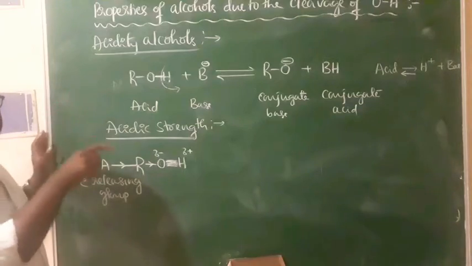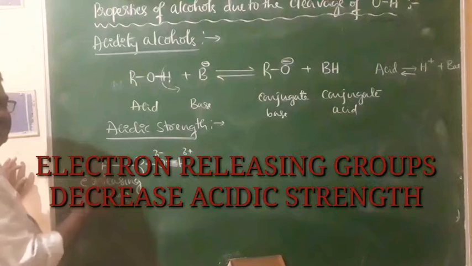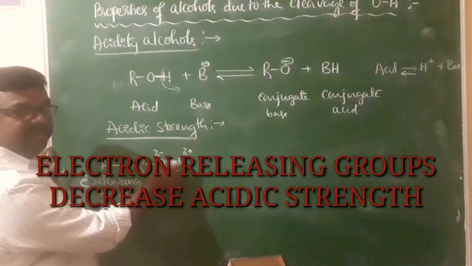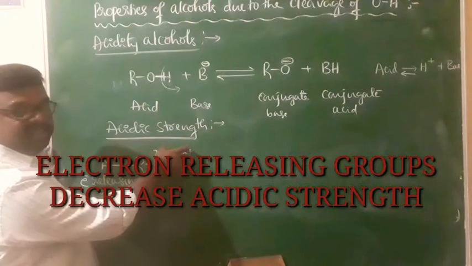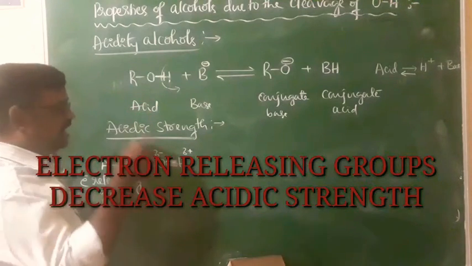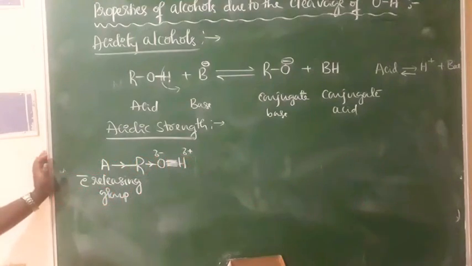Therefore, acidic strength decreases. In presence of electron releasing groups, polarity of the OH bond decreases, or the OH bond strength increases. Therefore, the ability to release H plus ions decreases and acidic strength decreases. That is one conclusion you can have there.